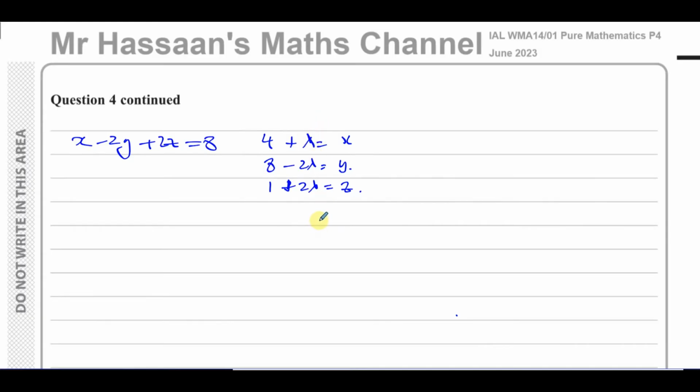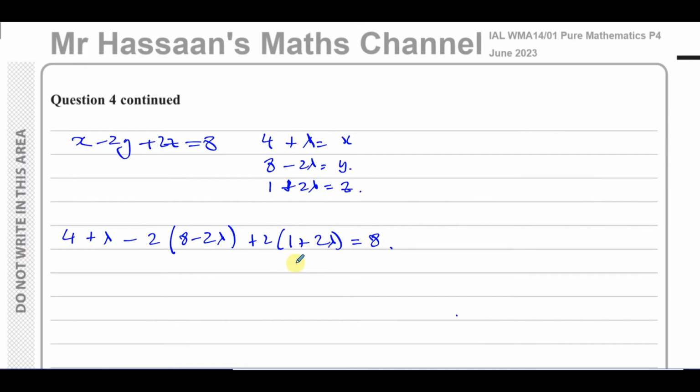So what we can do is take x as 4 plus lambda and replace the x with it. So we have 4 plus lambda, minus 2 times y, which is 8 minus 2 lambda. Then z is 1 plus 2 lambda, so plus 2 times (1 plus 2 lambda), and that's equal to 8.